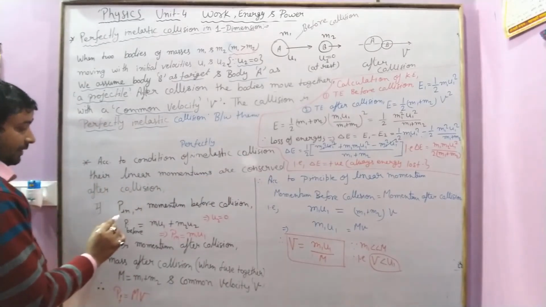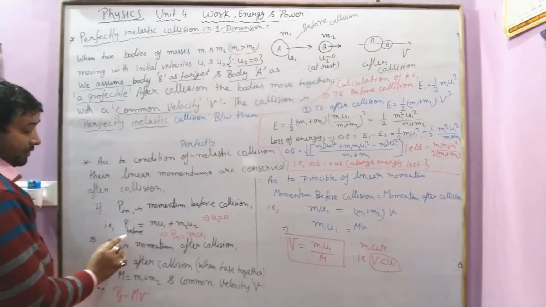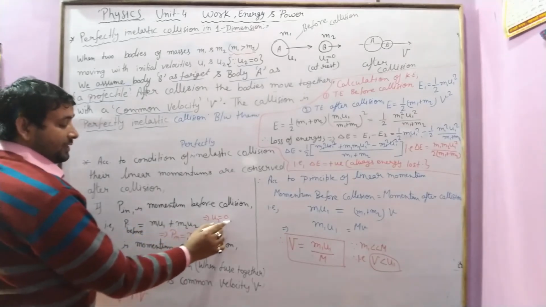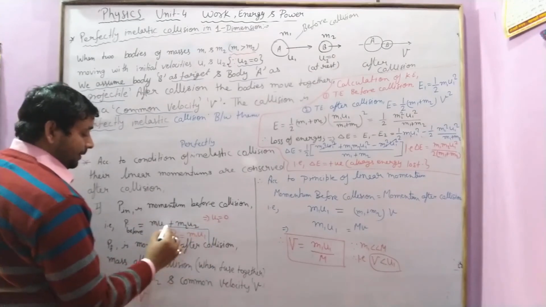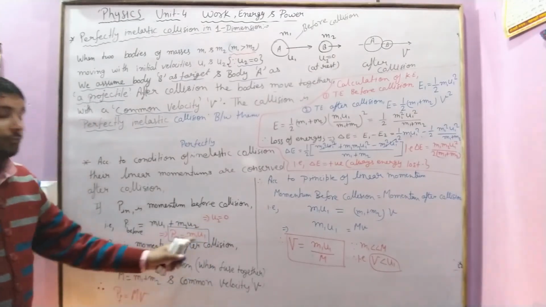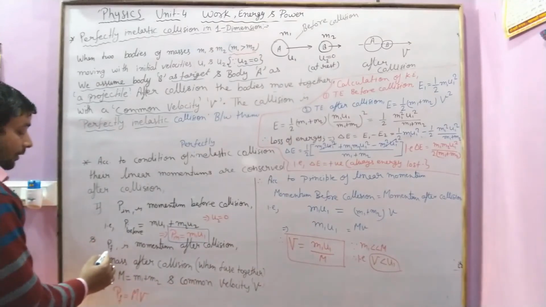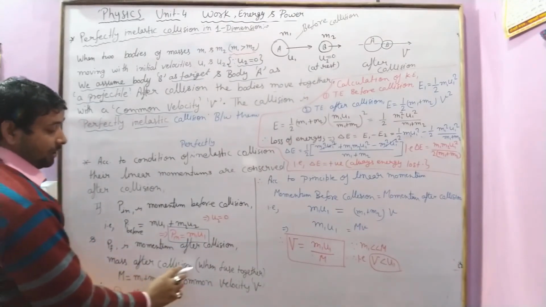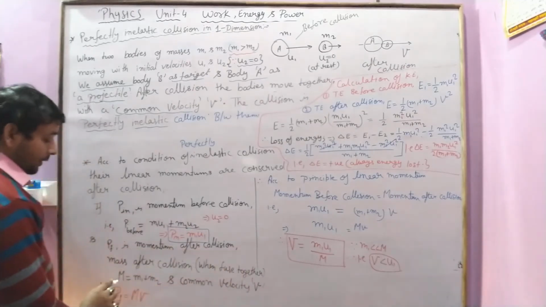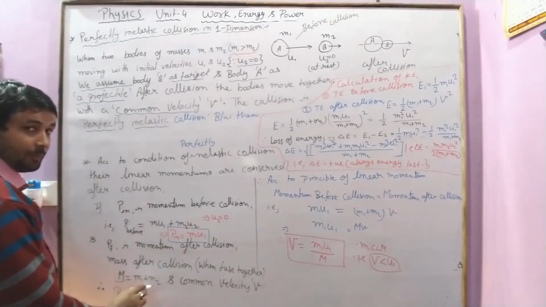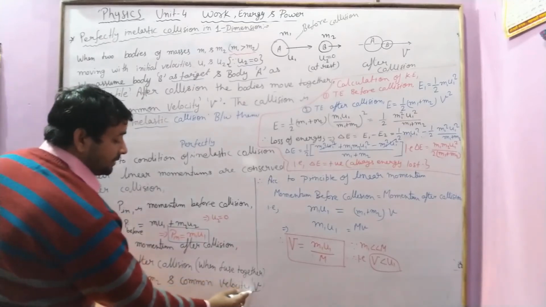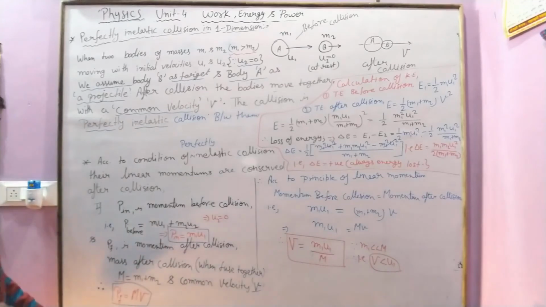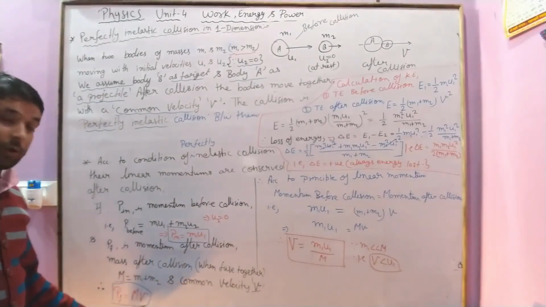That is, initial momentum is m1 u1 plus m2 u2, because u2 is at rest, so initial momentum is equal to m1 u1 only. Now after collision, because the masses fuse together, the total mass M is equal to m1 plus m2 and their common velocity is v. Therefore final momentum is pf equal to (m1 plus m2) v.